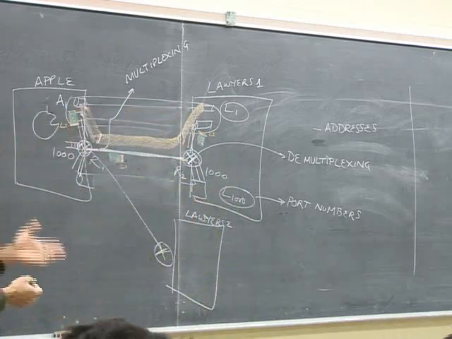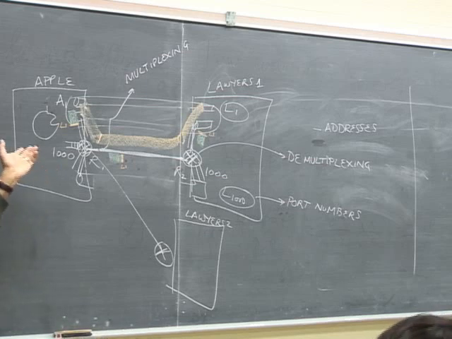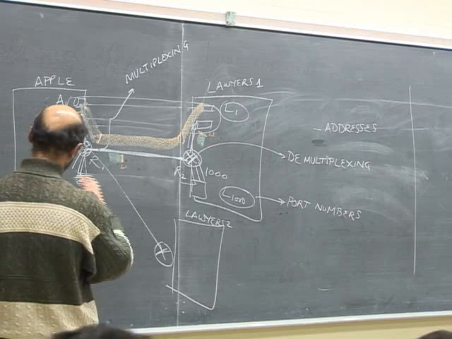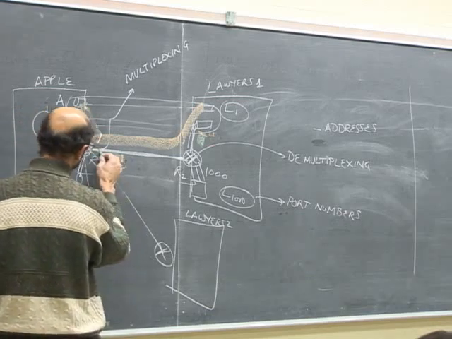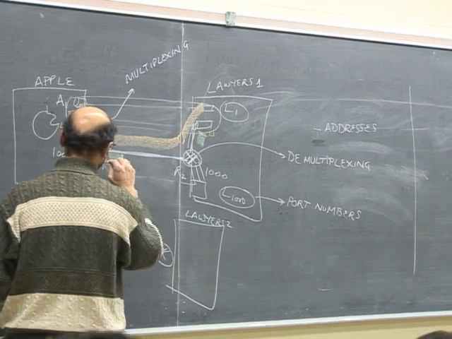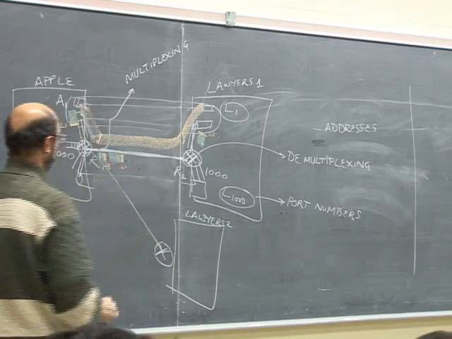But it could be that immediately after that was sent, another bit of information may come from A10, for example, like so, which is going to L5. Okay?